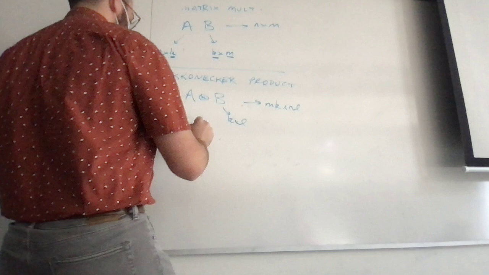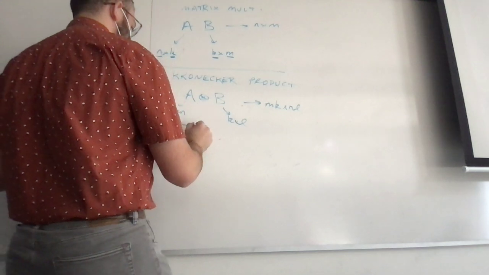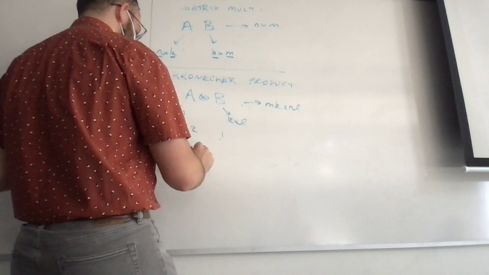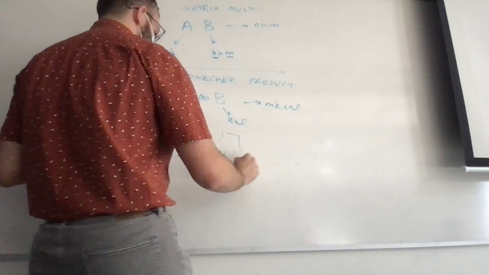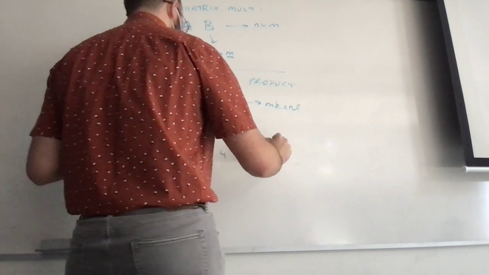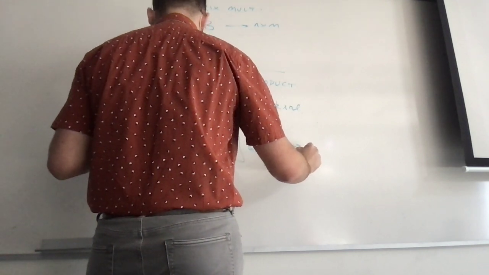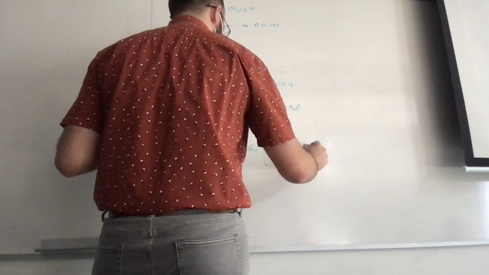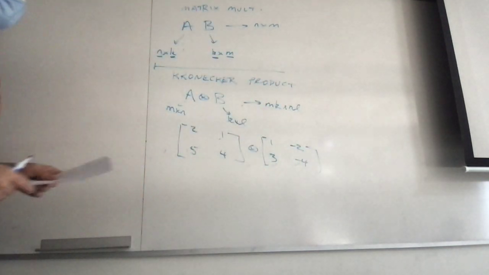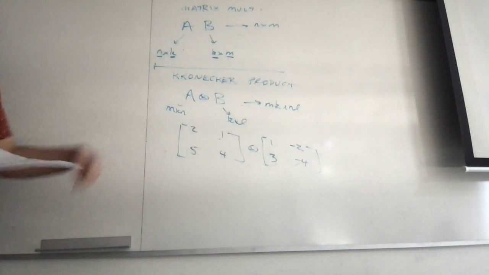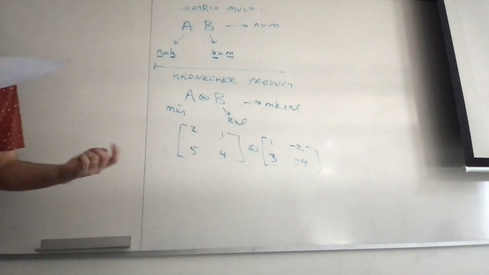I think it's easiest to show with an example of how this product is computed. My example is the matrix 2, 1, 5, 4, Kroneckered with 1, minus 2, 3, minus 4. In this case the sizes are the same, but it doesn't matter, I just picked two that were small.